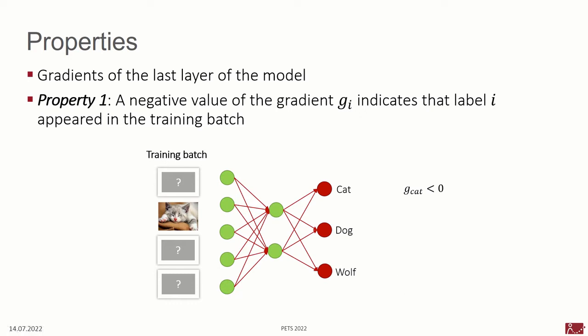We proved this property mathematically, and it is a generalization of another finding from the related work. The question that remains is how many cats are there?